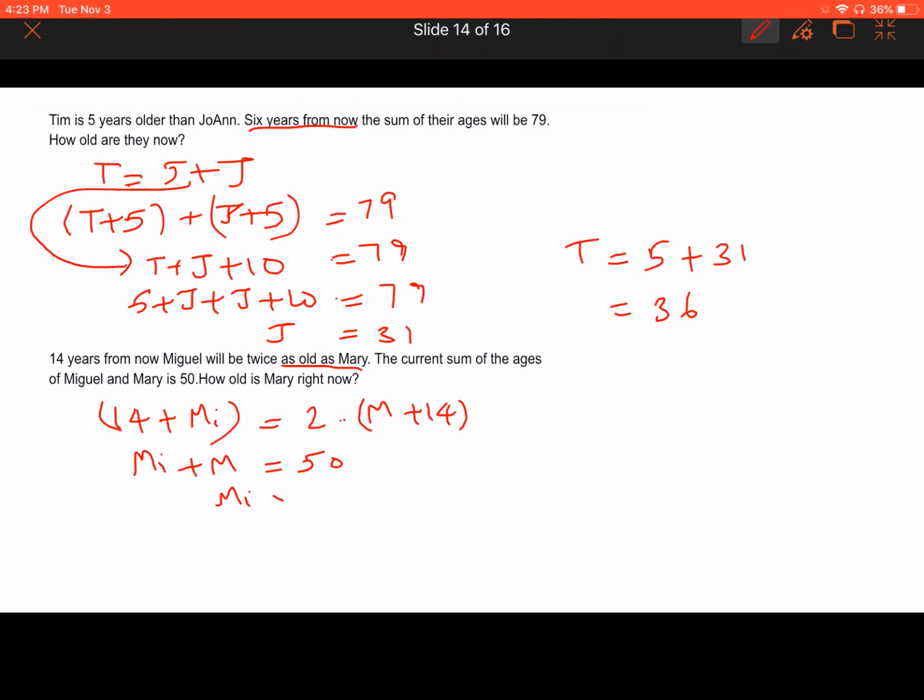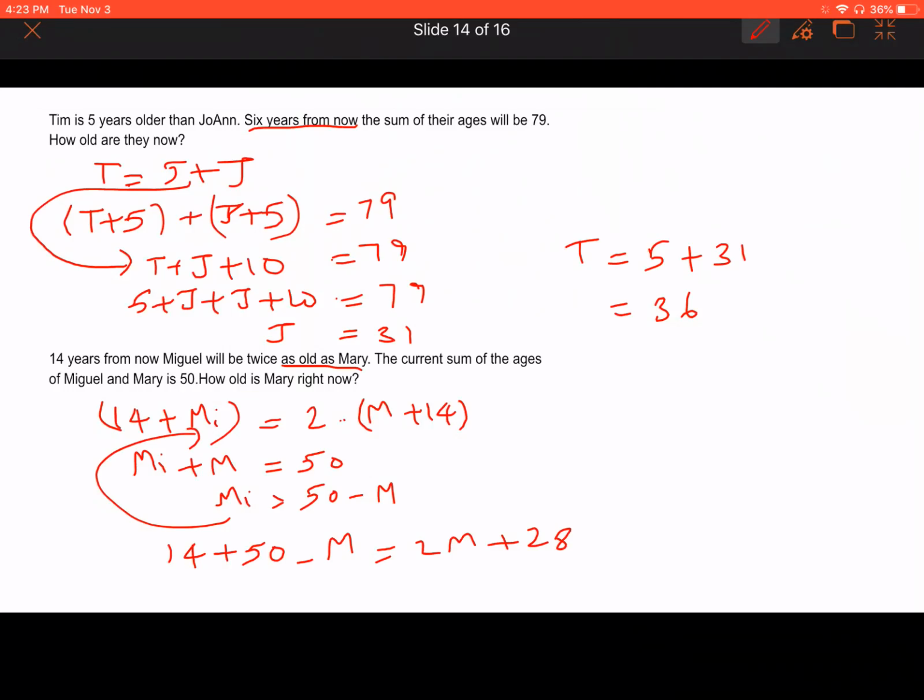So we can represent Miguel's age also in the form of 50 minus m, and we have to transfer it to this equation. So it will become 14 plus 50 minus m, which is equal to 2m plus 28.